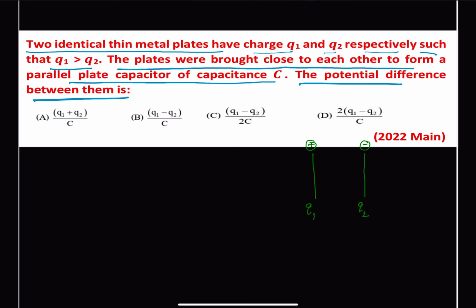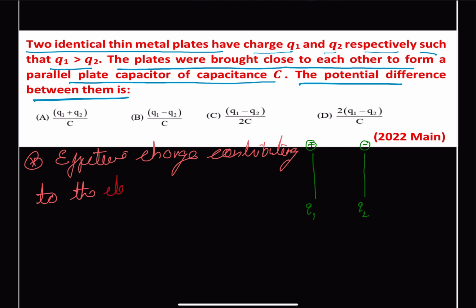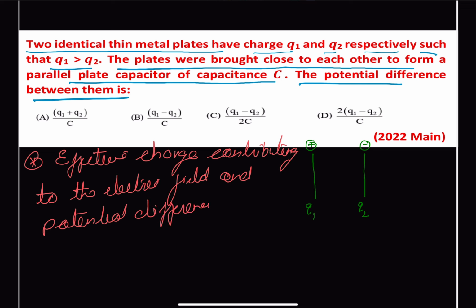So we can find out that effective charge contributing to the electric field and potential difference, let us suppose that is written as Q. So this Q will be equal to (Q1 minus Q2) divided by 2.